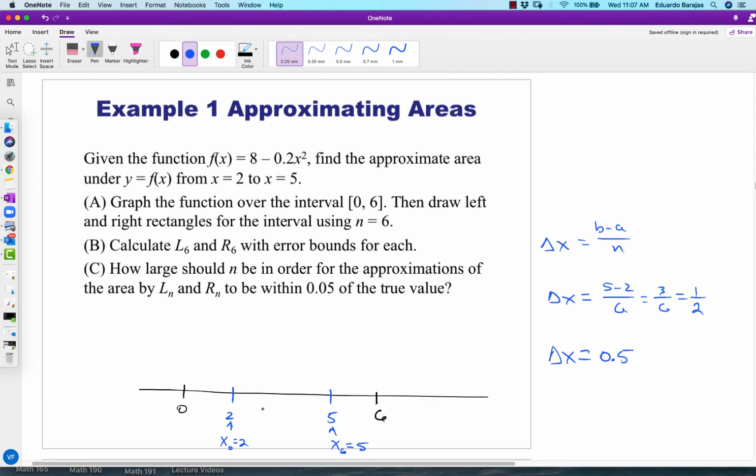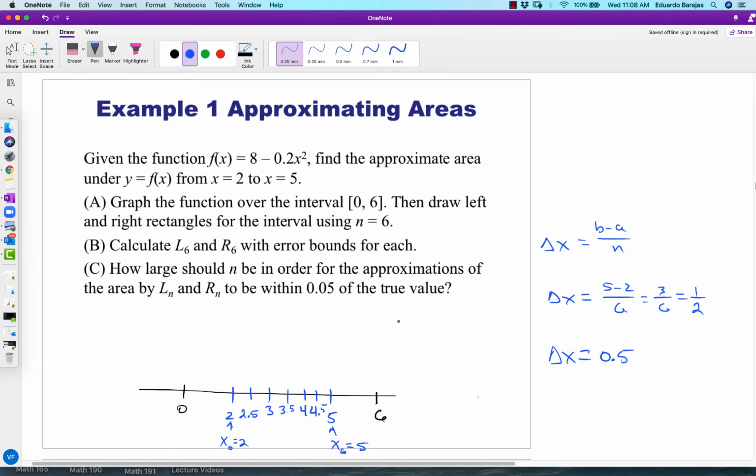Okay, so that means that the next one right next to this is going to be equal to 2.5, and the one right after it will be 3, and the one right after it will be 3.5, and one after that will be 4, then 4.5, followed by 5. Okay, so let me write down the values.